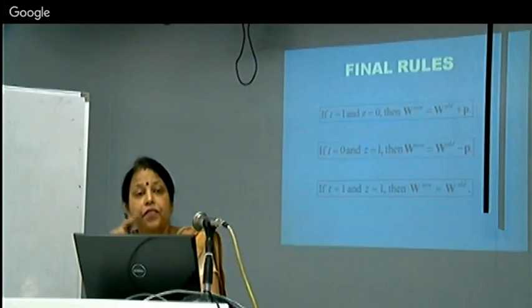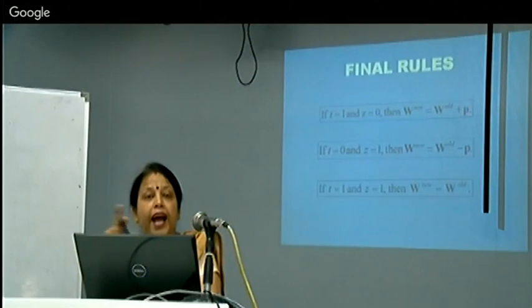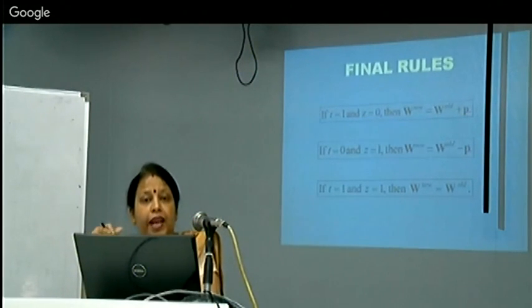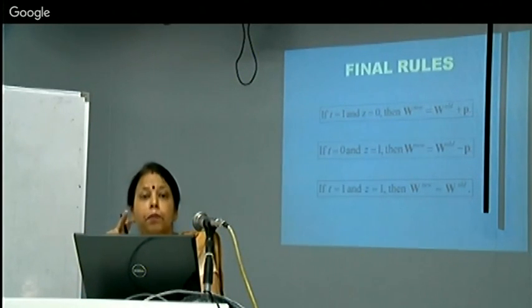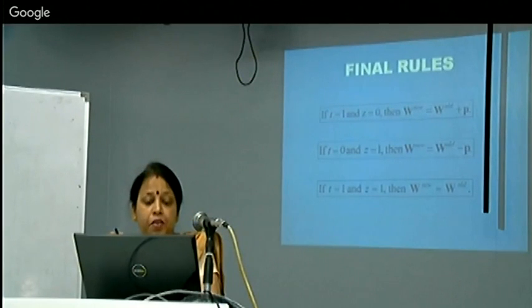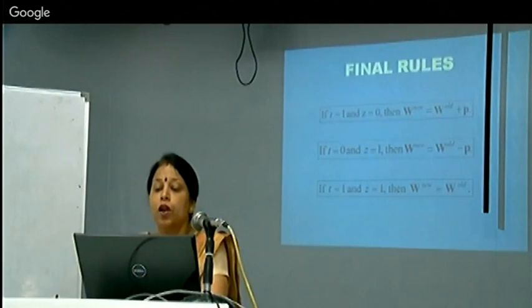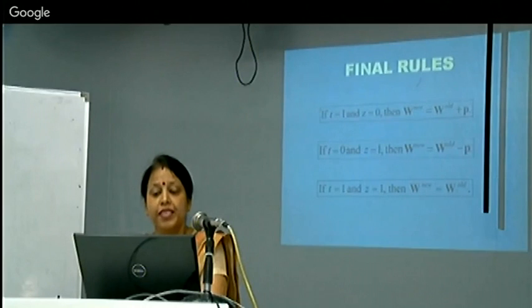That is, if target equals 1 and you are getting 0, that means you are getting a lesser value, so you have to do the increment, the positive addition. And if the target is equal to 0 and z equals 1, then you get minus P. From the formula also, delta W is equal to C into t minus z, right? T minus z.